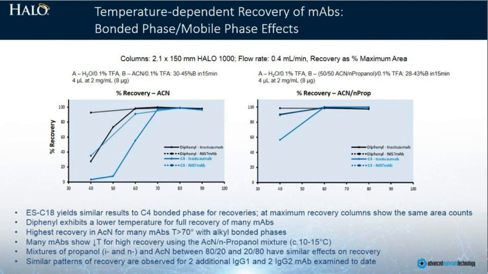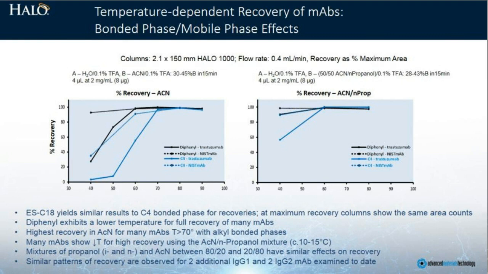We see this somewhat independent of the exact nature of the alcohol, in other words, whether you use isopropyl and propyl or even butanol, or the exact concentration of the alcohol. Having alcohol in there essentially results in higher recovery at lower temperature. It favors the aromatic bonded phase, but you clearly see it with the N-alkyl bond too.